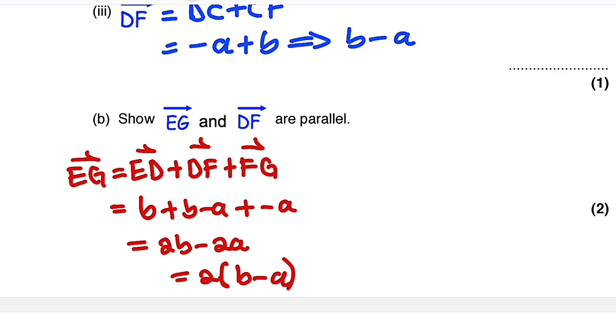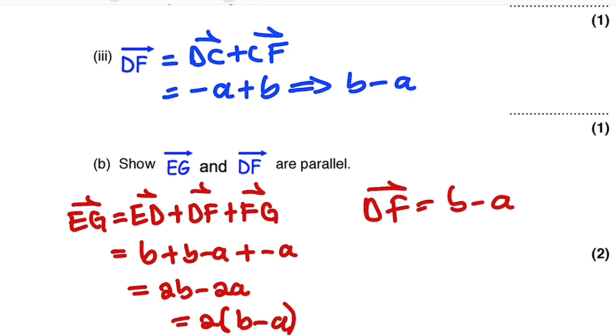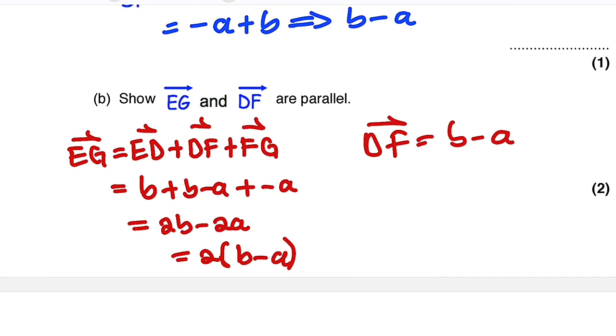But what is DF? I think we have computed DF. Yeah, you see that here. DF is B minus A. So what can you say about them? You can see that the moment you multiply DF by 2, it is going to give you what? EG. Because this is DF, exactly, 2 times DF.